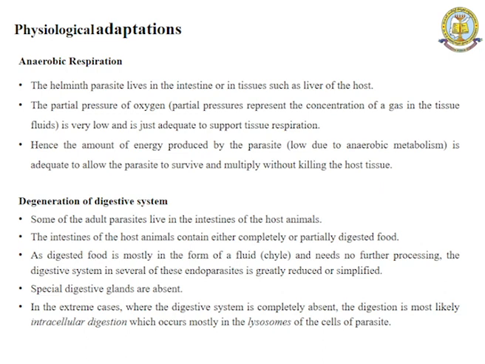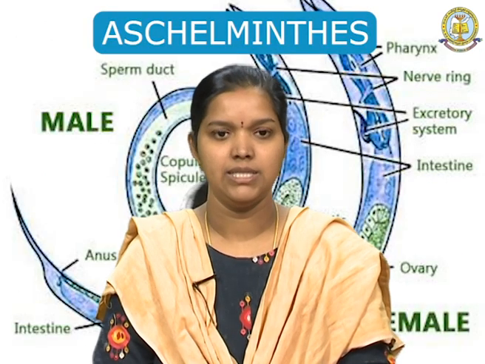So, first one is anaerobic respiration. The helminths usually live in the intestine or the tissue of the liver of the host. The partial pressure of oxygen which is present is adequate for the survival of these parasites.